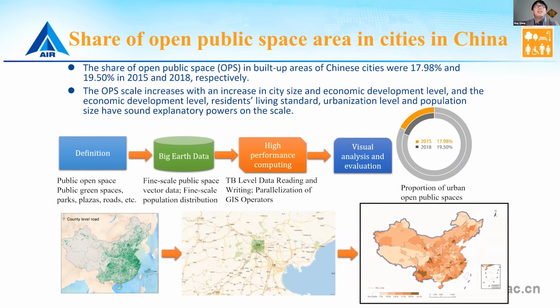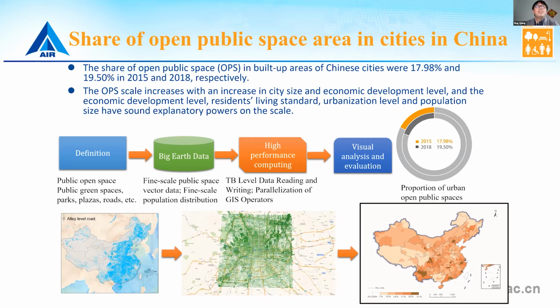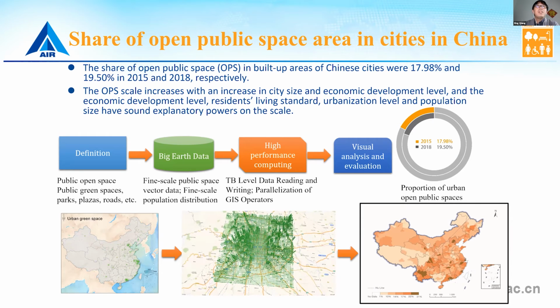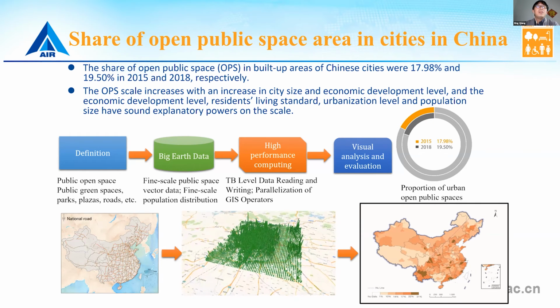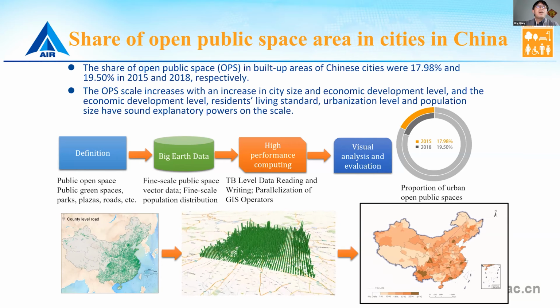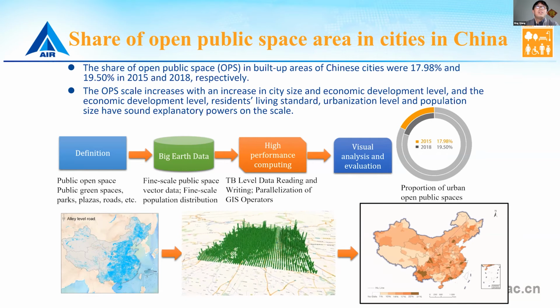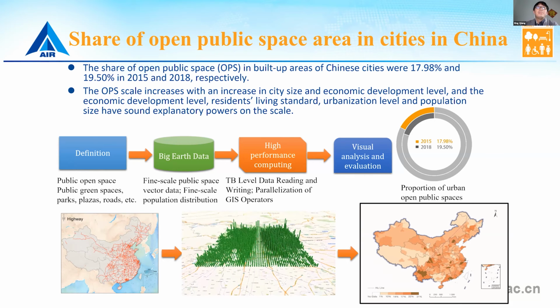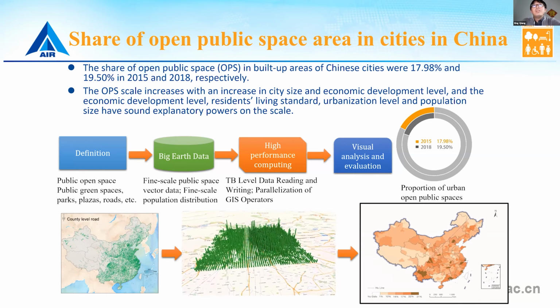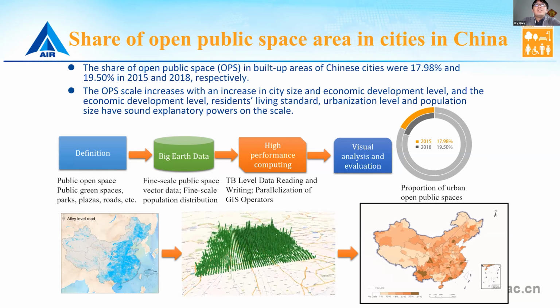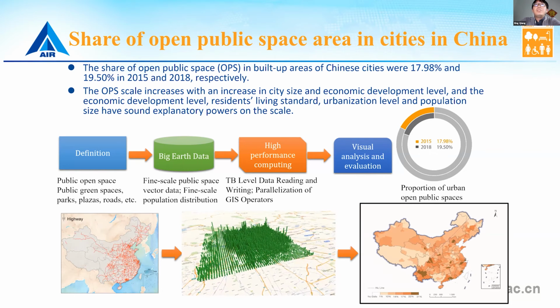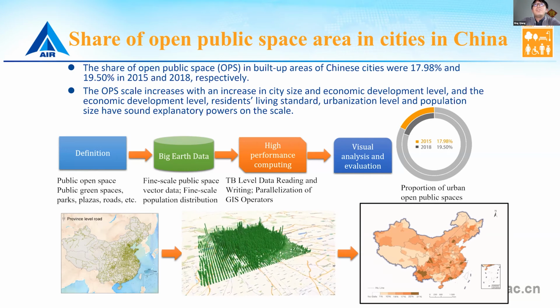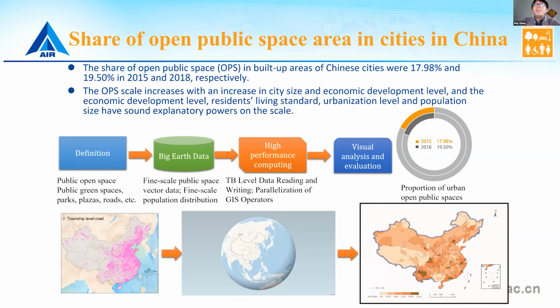For this one, we first make some definition of public open space, also include green spaces and parks, plazas, roads. We used POI data and some navigation data, kind of vector or raster data, and use GIS technology with high performance computing to extract this open space area.